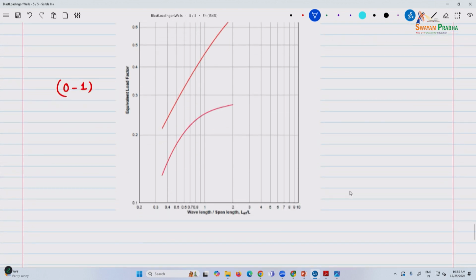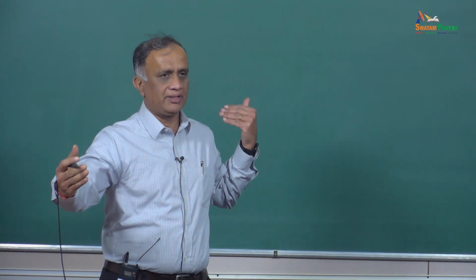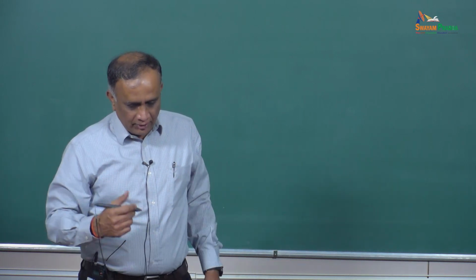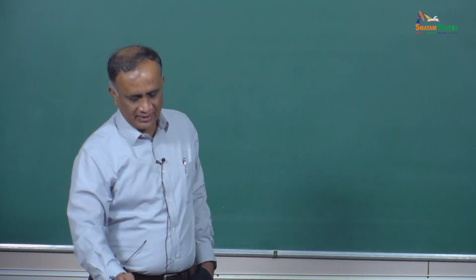And here, if you see, this is a function of LW divided by L1, wavelength by span length. Because of the speed of sound, LW is nothing but U multiplied by TD, speed of the wave multiplied by TD. So it depends on the blast wavelength and the span length.